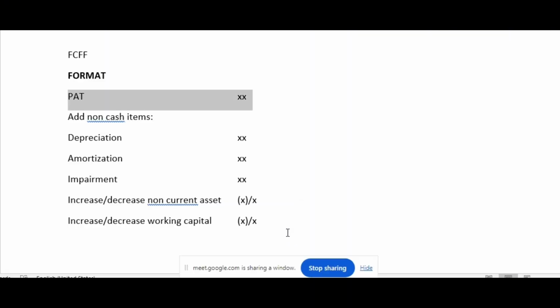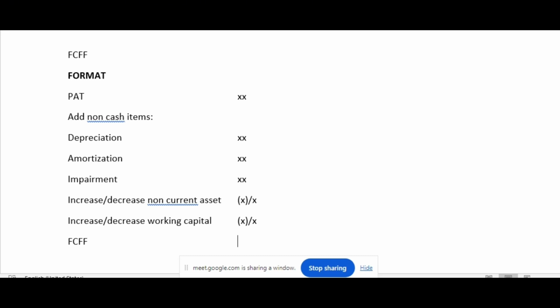Then after this, you now arrive at free cash flow to the firm. This is all you need to know in working capital. Don't forget that your working capital is your current assets minus your current liabilities, right?